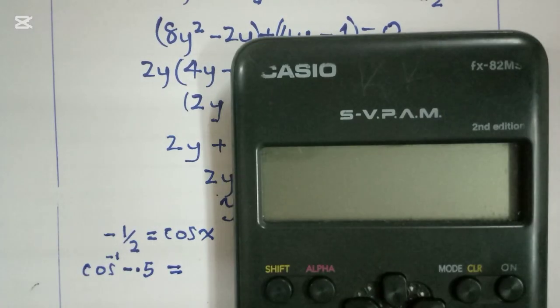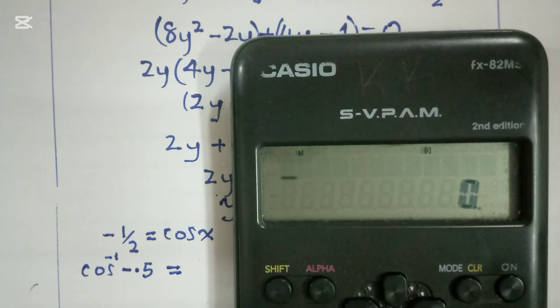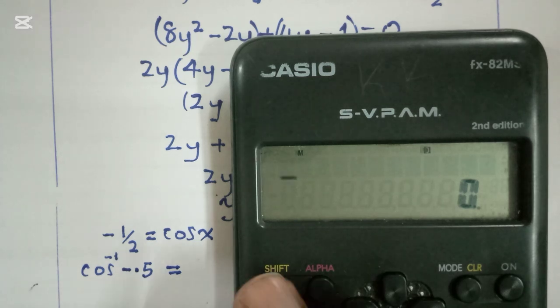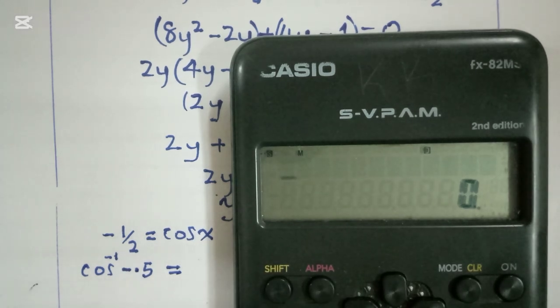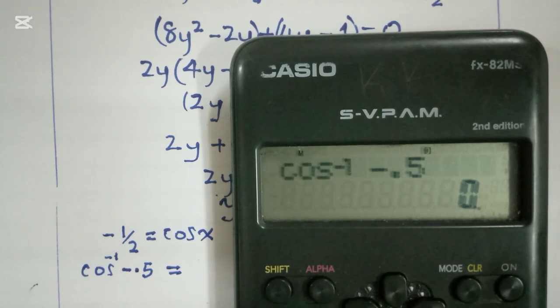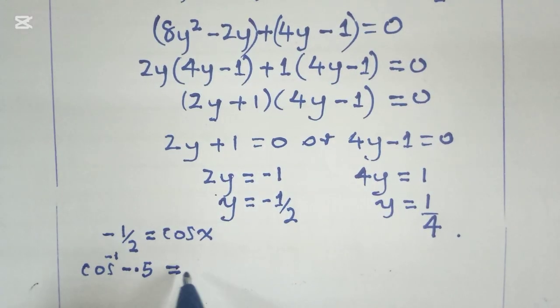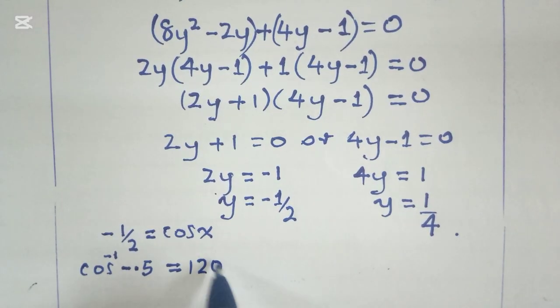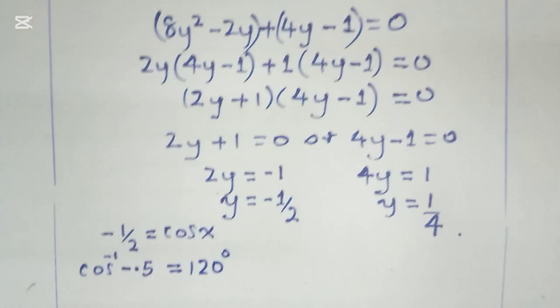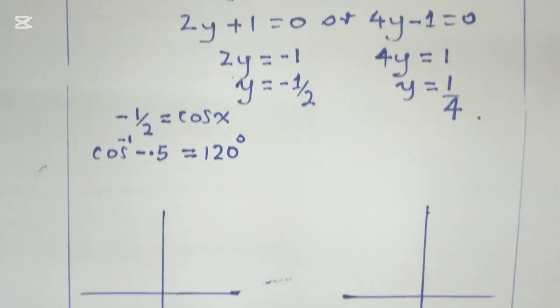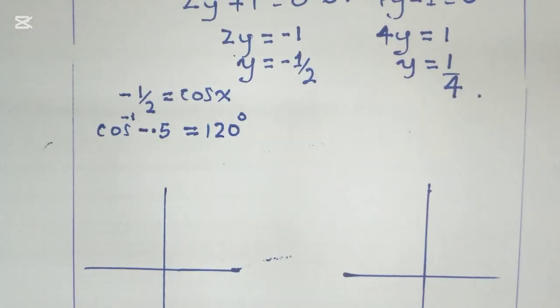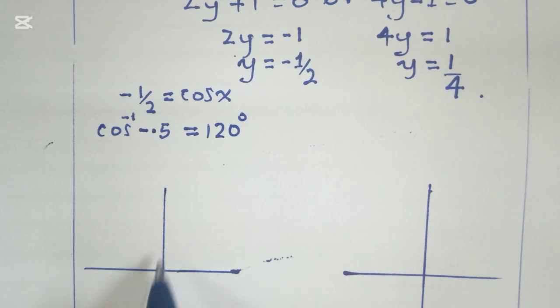This one is going to be inverse cos of negative 0.5. That one gives us 120. So guys, this is 120 degrees. From there, we come to the unit circle formed here.